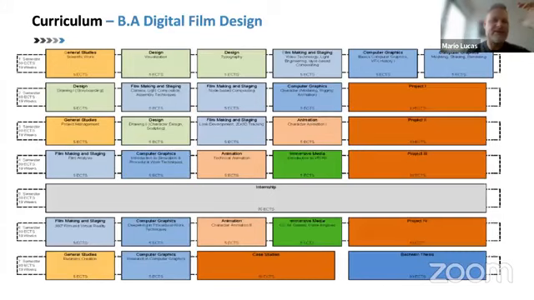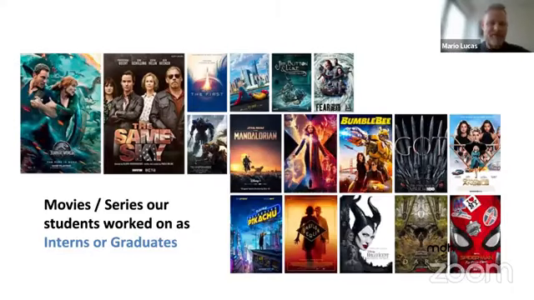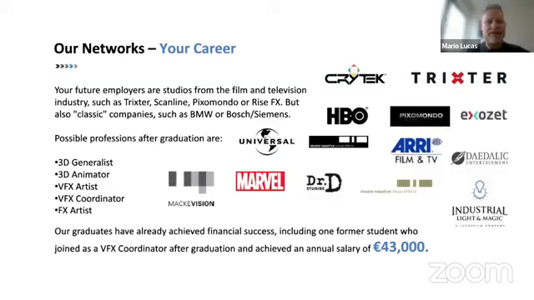So you can see here the curriculum of digital film design. I don't want to go into the details, but you can see here that we have 7 semesters, as we have said, and this is then the curriculum consisting of all those modules, for example, design, filmmaking and staging. Animation is also a very important module if you go through the Bachelor of Digital Film Design. Then, of course, our networks.